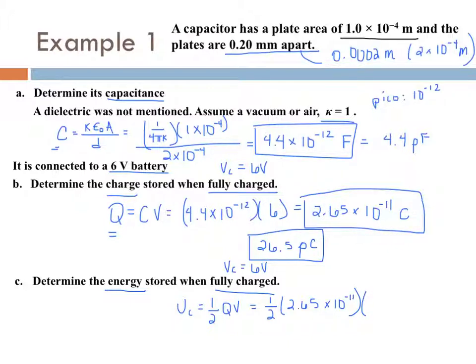So you can either derive it or you can just use the information we now have. Which gives you 7.96 times 10 to the negative 11. Because we're solving for energy, this is in units of joules.